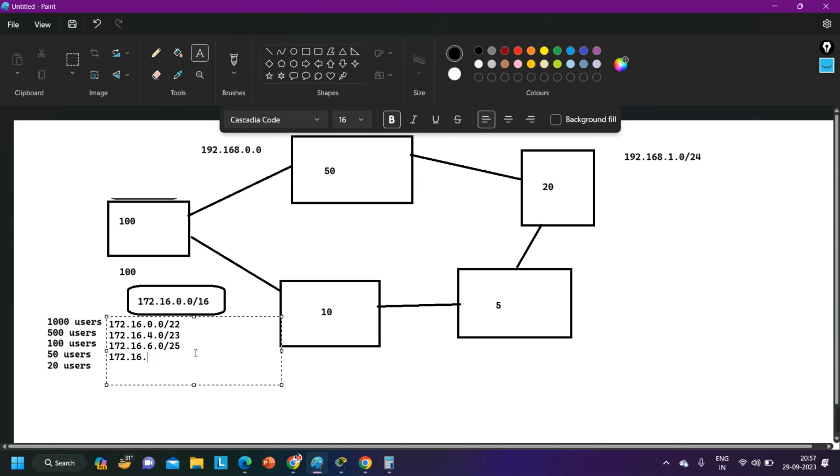You have already assigned 6.0, so 6.128 slash 26. Okay.